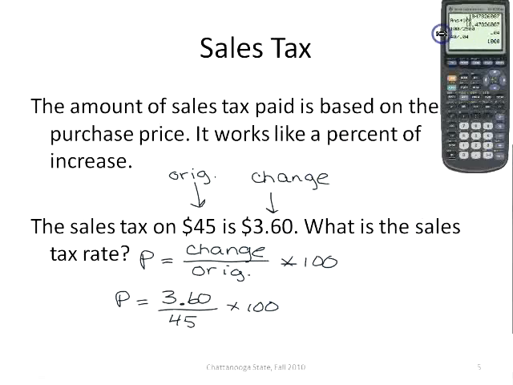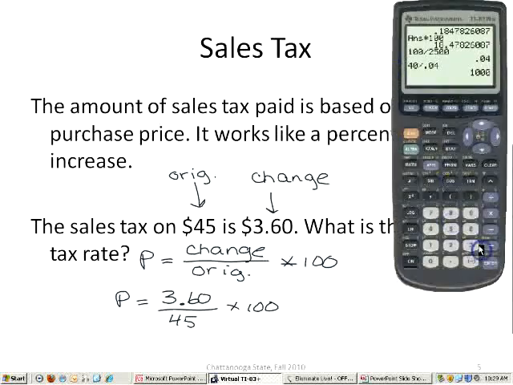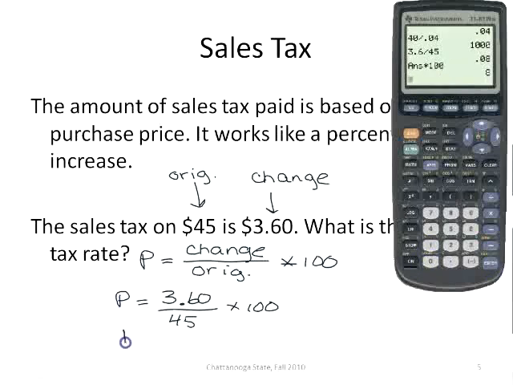So let me go to my calculator. 3.6 divided by 45, and then multiply that by 100. I get that the percent of the sales tax here is 8%. I didn't have to do any rounding here. It was just 8%.